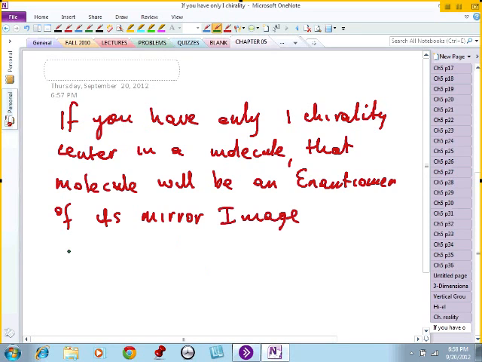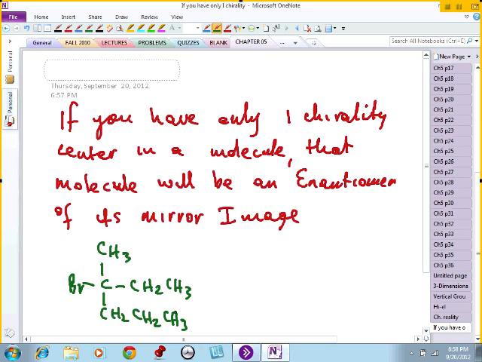For example, supposing I give you this molecule, okay, how many chirality centers does this molecule have?